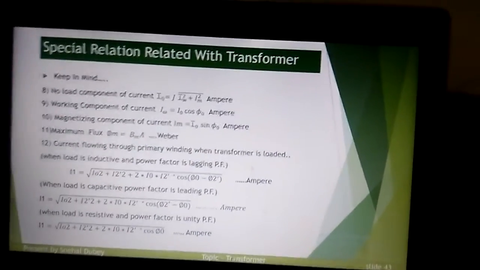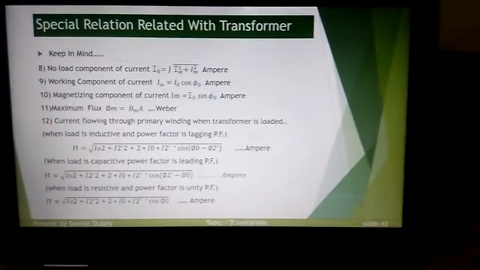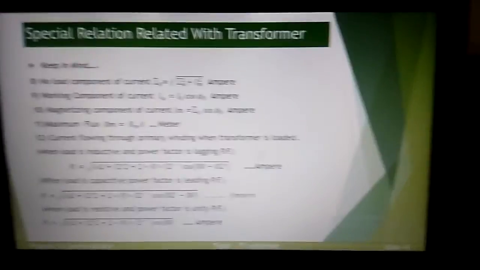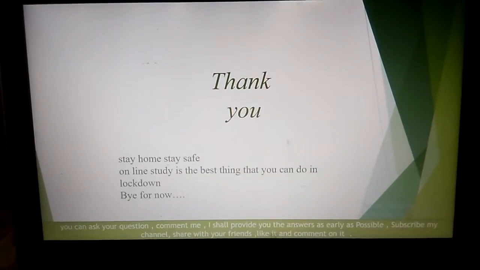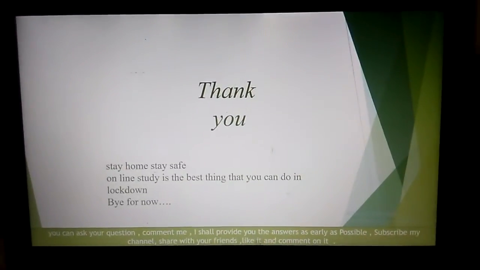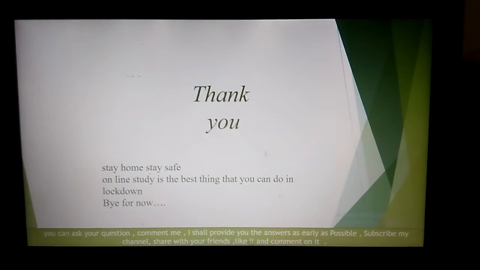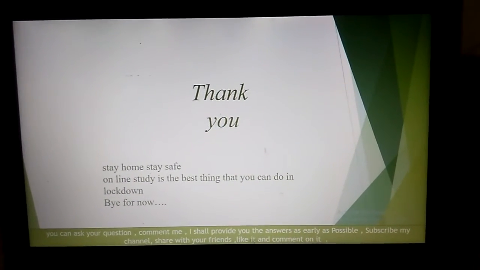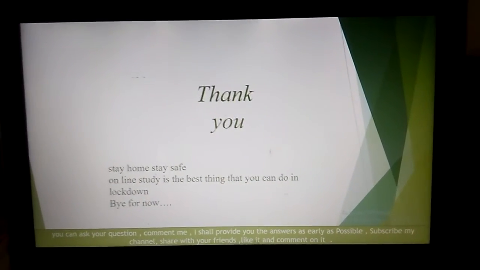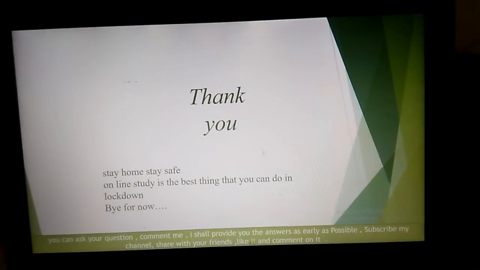So go through all these formulas and learn them by heart, then you will never have any problem with numericals in transformer, and you will get more and more marks in the topic transformer.